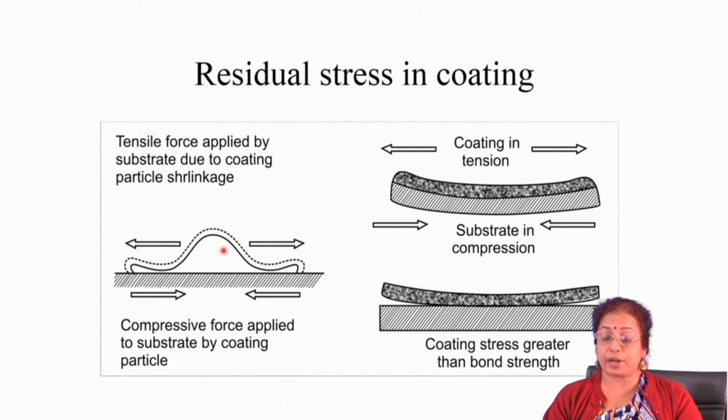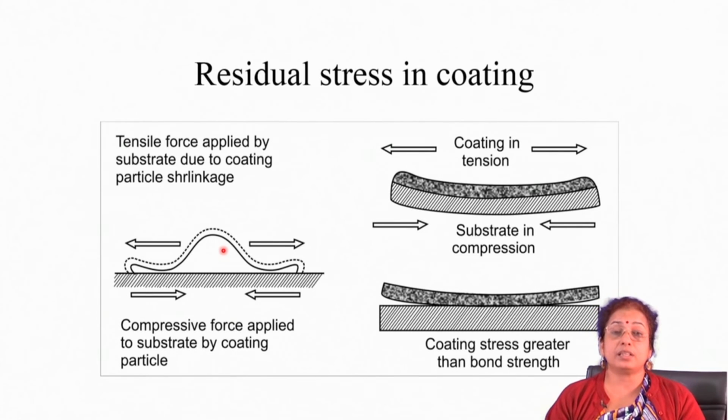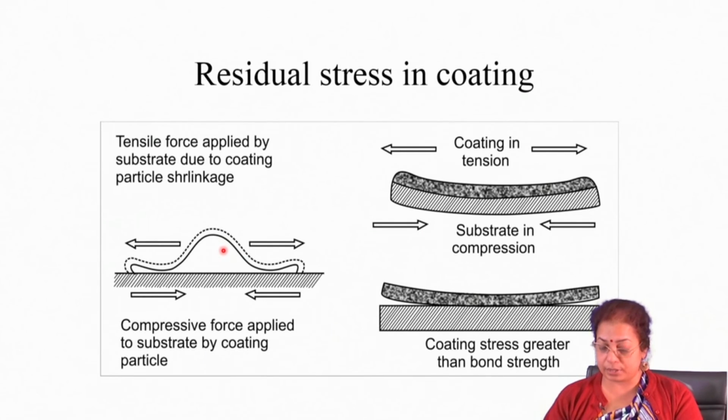Usually, after the coating is over, if the coating thickness is very high, the coating may fall out, so it is important to optimize the thickness so that there is no chance of spalling of the coating because of the residual stress arrested during the coating process.